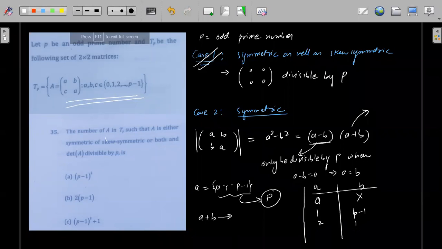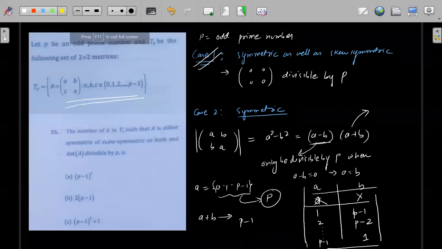A will be 2, so b will become p minus 2. This will keep continuing till a becomes p minus 1 and b becomes 1. If I remove the repeated case, the total number of cases will be p minus 1. So here we have p and here we have p minus 1 cases. If I add these two, the total number of cases will be 2p minus 1.